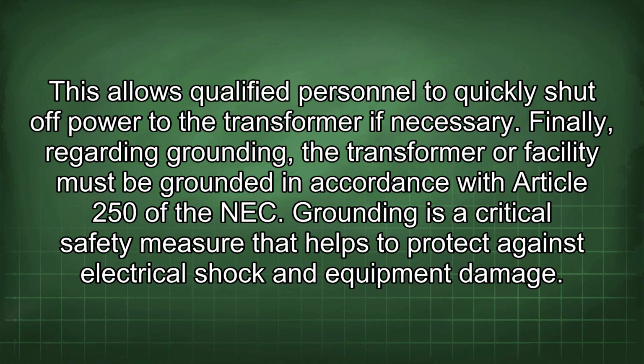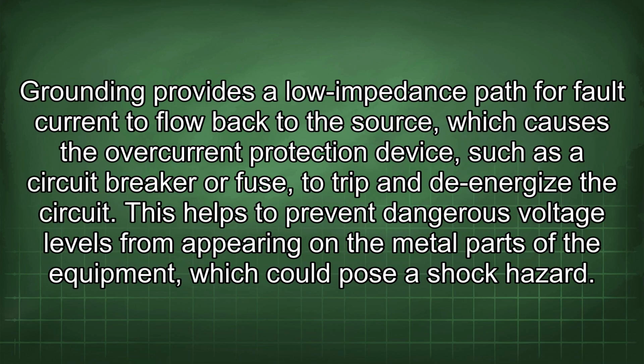Finally, regarding grounding, the transformer or facility must be grounded in accordance with Article 250 of the NEC. Grounding is a critical safety measure that helps to protect against electrical shock and equipment damage. Grounding provides a low impedance path for fault current to flow back to the source, which causes the overcurrent protection device, such as a circuit breaker or fuse, to trip and de-energize the circuit.